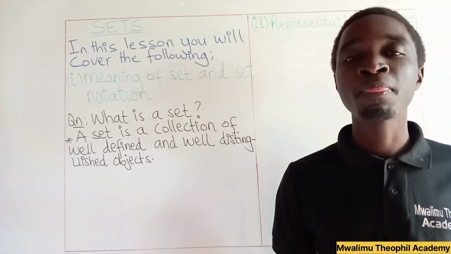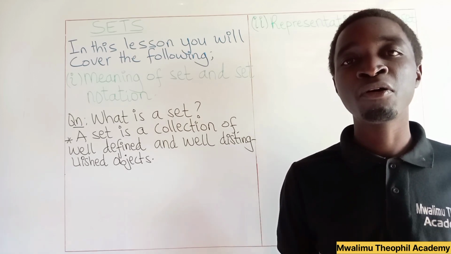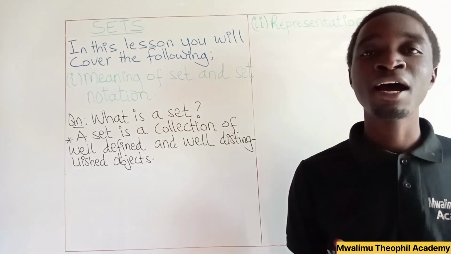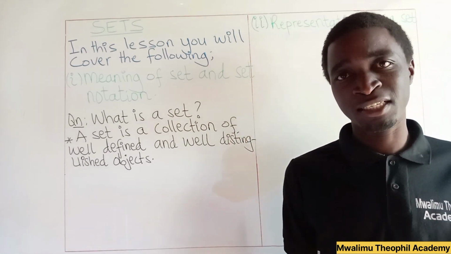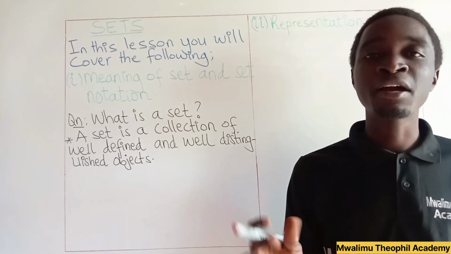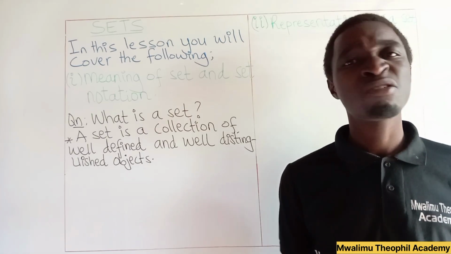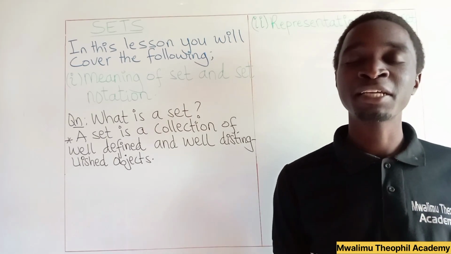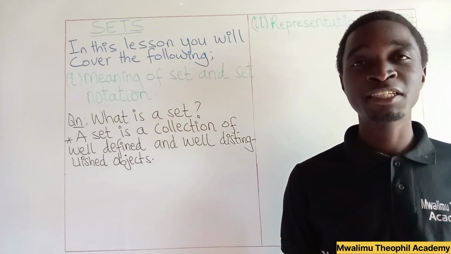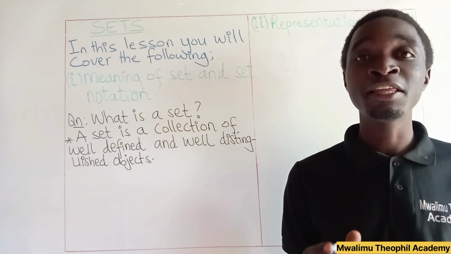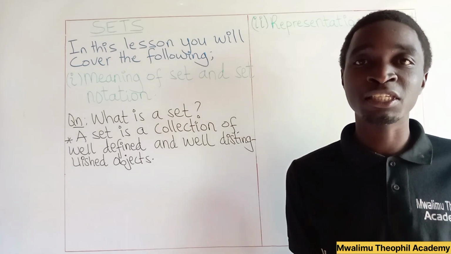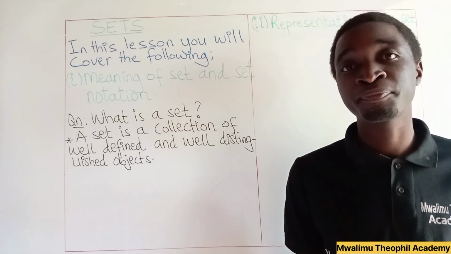For example, a good example of a set is a set showing a collection of trees, or a set showing a flock of sheep, or a set representing a pile of books. So there are different examples in our everyday life which show the collection of things as I have mentioned.